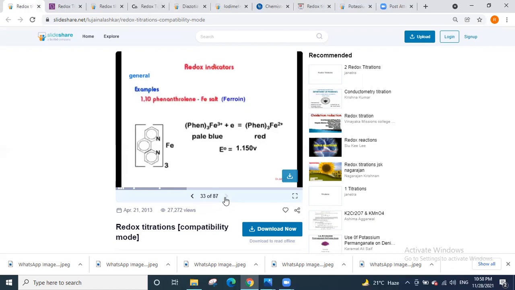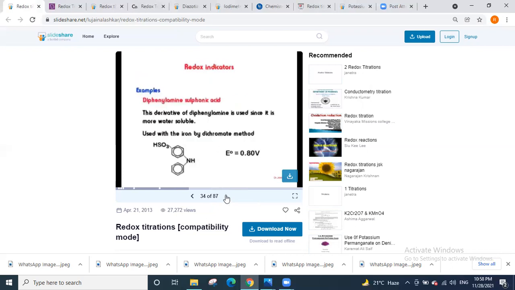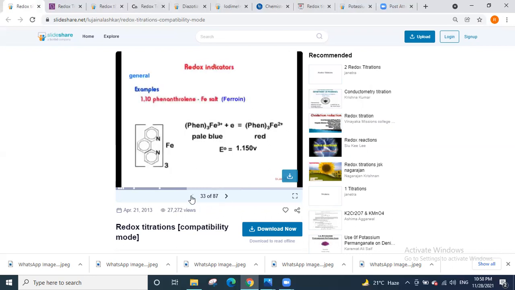The most common indicators used as internal indicators are ferroin and the sodium and barium salts of diphenylamine sulfonic acid. Ferroin and diphenylamine are the most commonly used internal indicators.